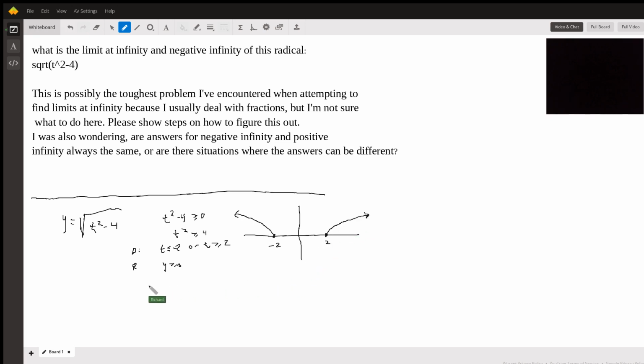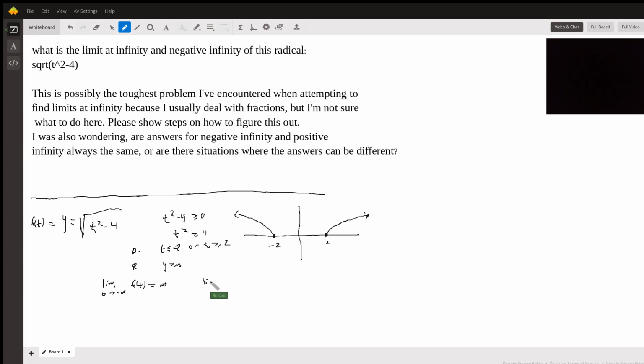And so now we can say that the limit as t approaches negative infinity, let's call this f of t here, f of t, that's going to be infinity.